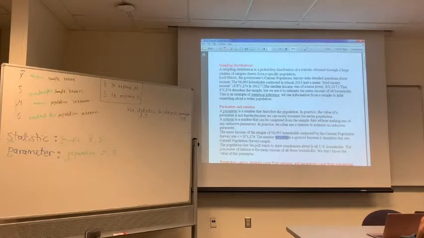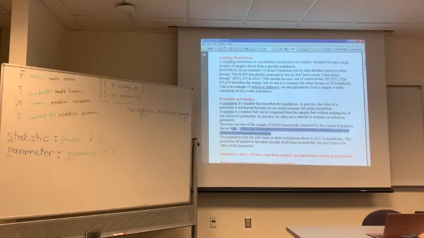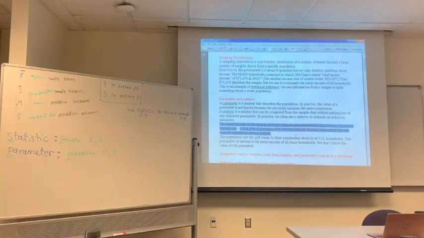We said X bar is a statistic. So with this kind of question, you should figure out what is explaining something about the sample, and you call that a statistic. Whatever explains something about the population, you call that a parameter.